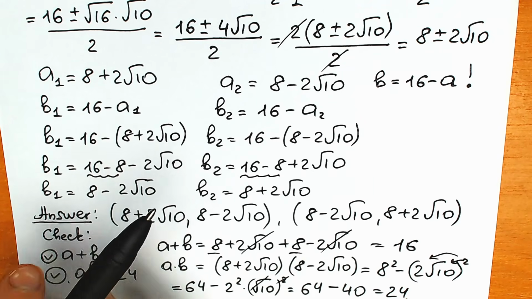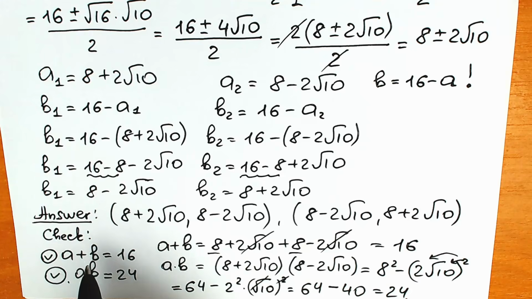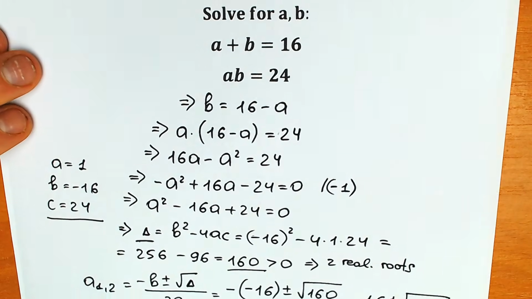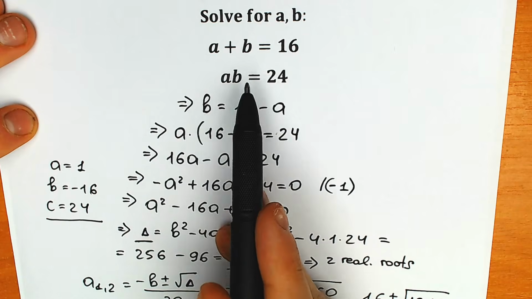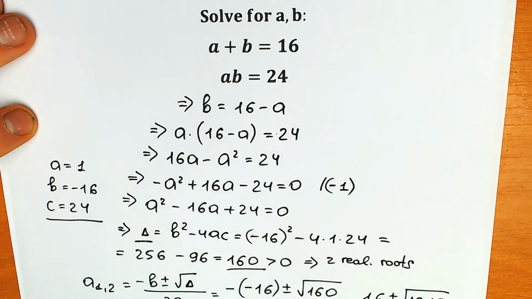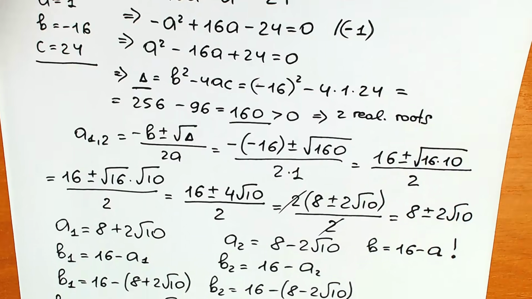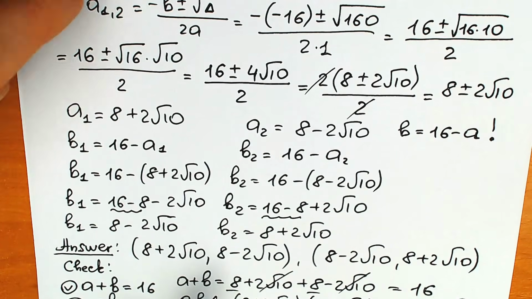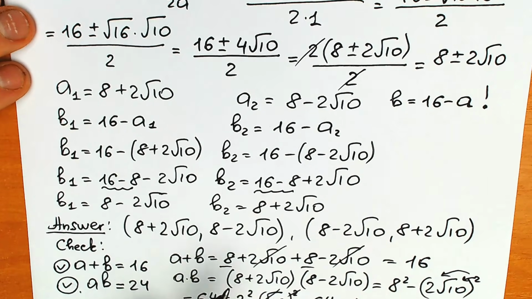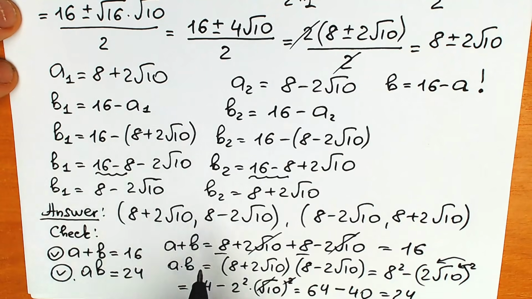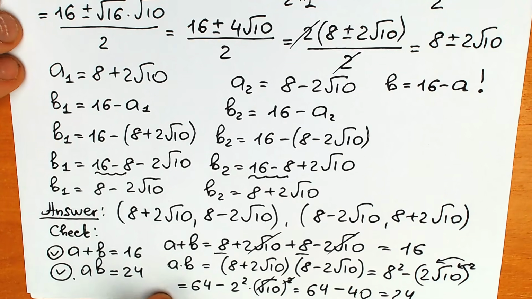So that's why I use this classic basic method of substitution. So we just express something and plug it into the second equation. Classic quadratic equation, discriminant, and in the end, basic algebraic things like checking our roots or expressing something or substituting something.